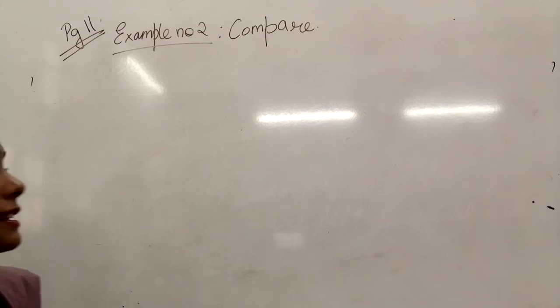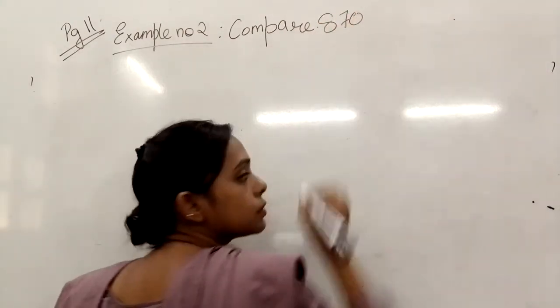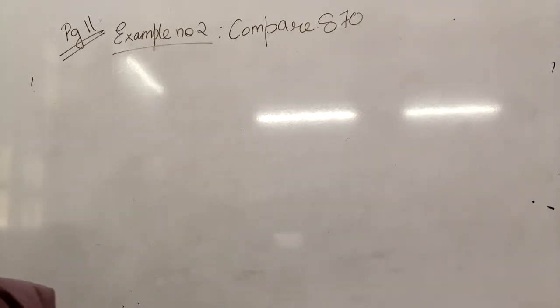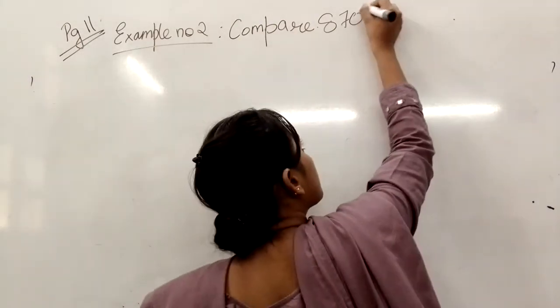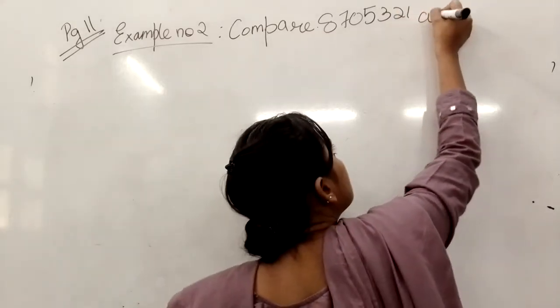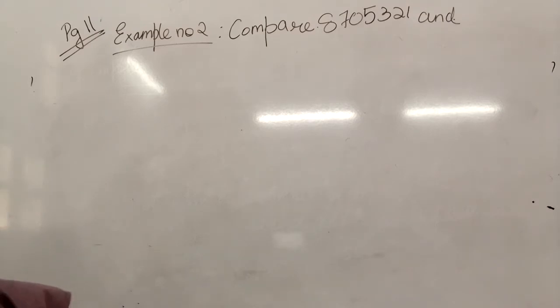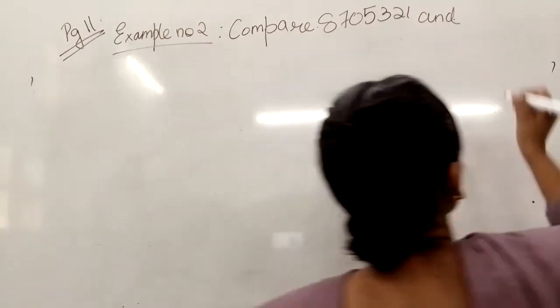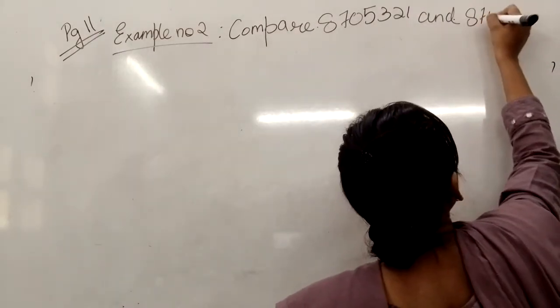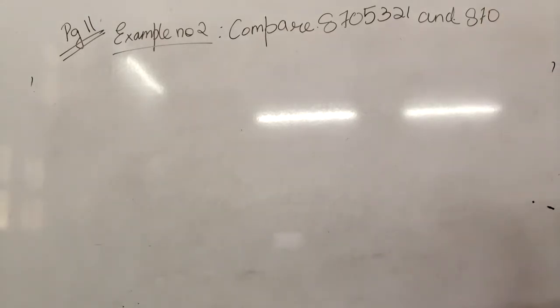Now what do you have to compare? The number is 870,532 and the next number. What is the next number? 870,2358.